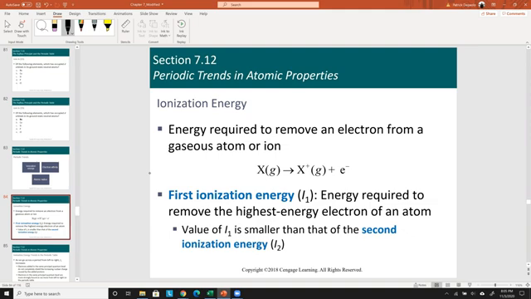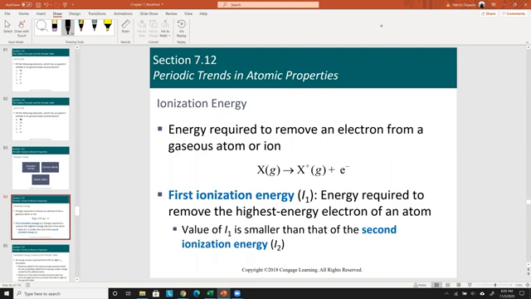So what that means is if something likes electrons a lot, the energy required to remove it is going to be large. So, for example, the nonmetals, right? They tend to gain electrons. Since they like to gain electrons, do you think it would take a lot of energy to remove those electrons or not?